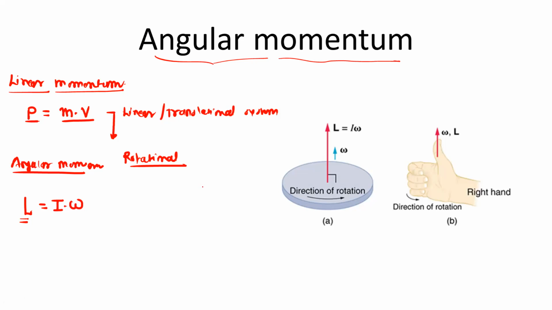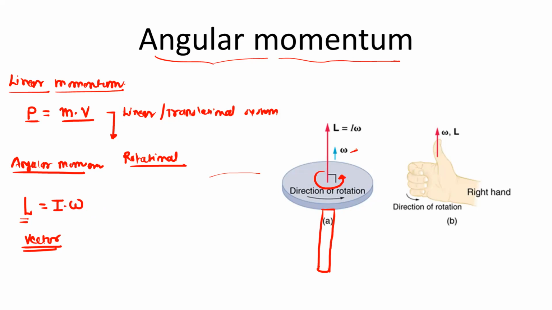So let us see how to represent this angular momentum. Angular momentum is a vector quantity. We can decide the direction of the angular momentum by using the right hand thumb rule. Suppose this is the spinning disc mounted on one shaft like this, and this is the direction of the angular velocity.